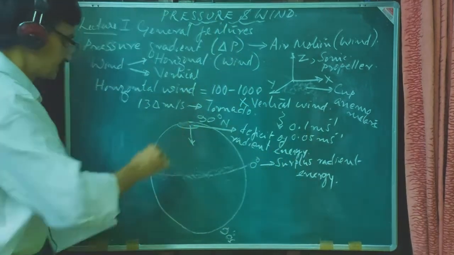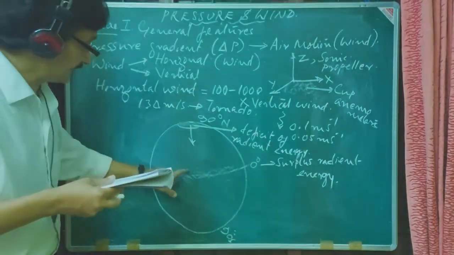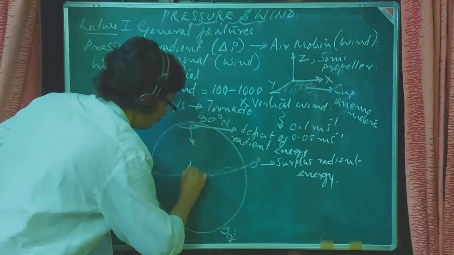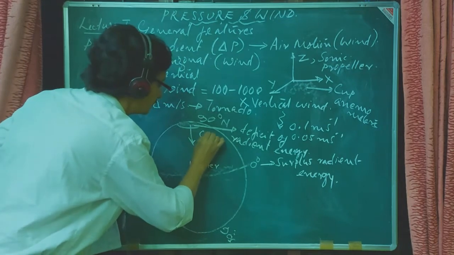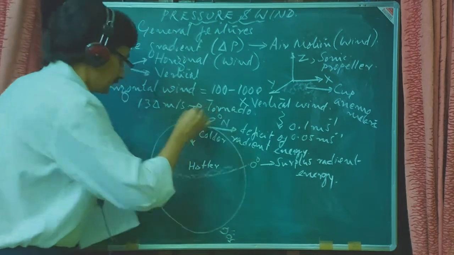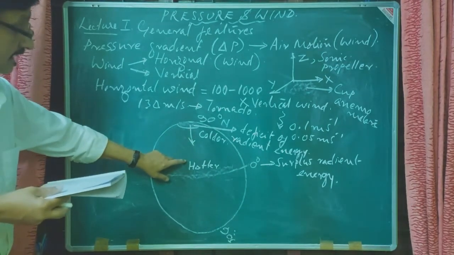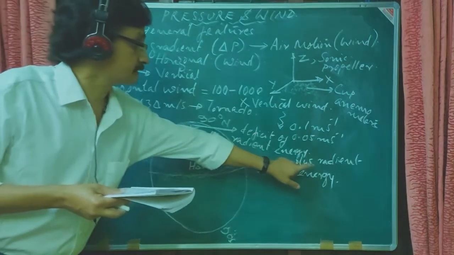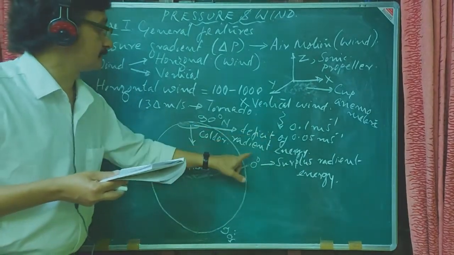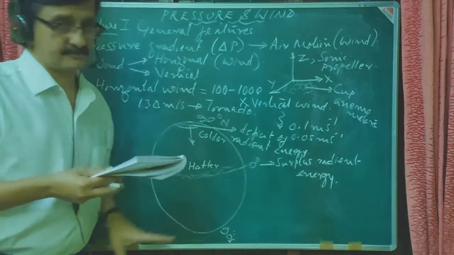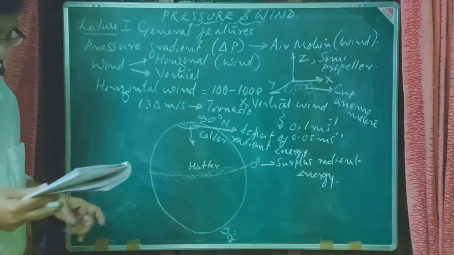So the polar regions have colder air, whereas here it is hotter. So wind carries colder air towards low latitudes characterized by surplus radiant energy, that is, there is a transportation from the deficit radiant energy region to the surplus radiant energy region by wind flow.